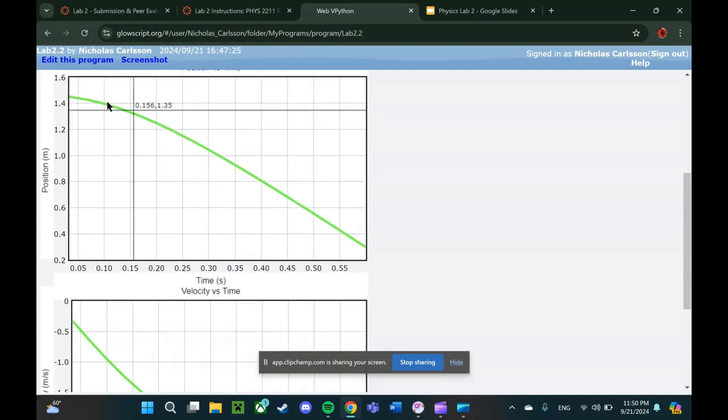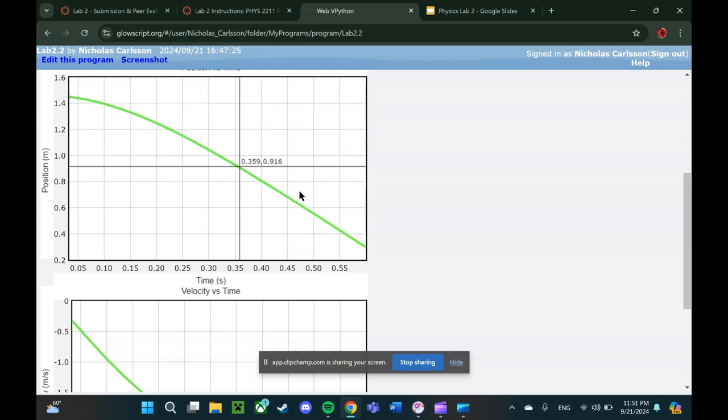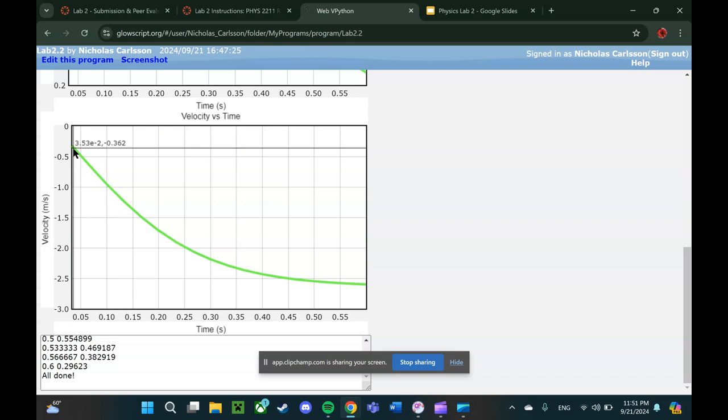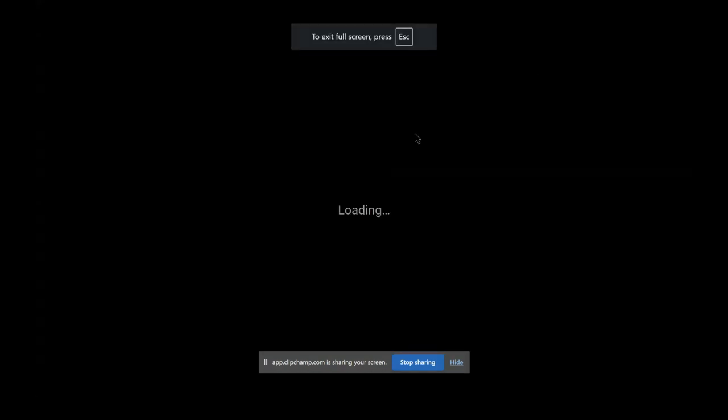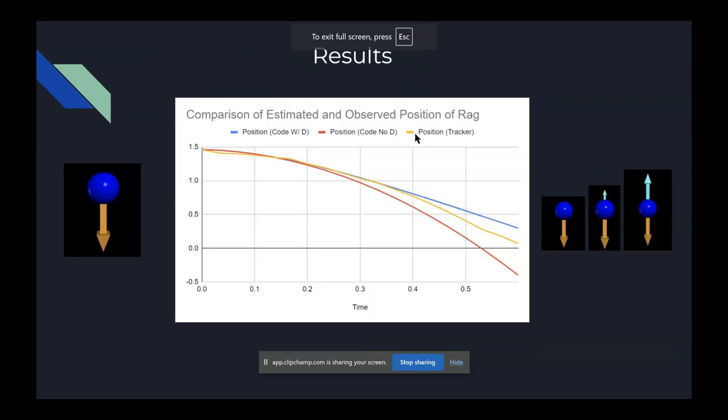You can see that the position does not change quite according to what we saw in the last one, and that the velocity actually isn't a straight line anymore. It's getting smaller as it goes on because that drag force is increasing, which you can see up here. Here are those results again.